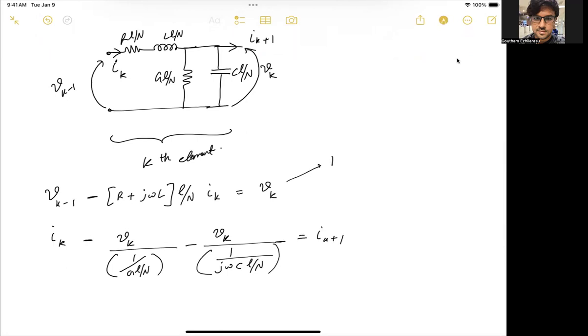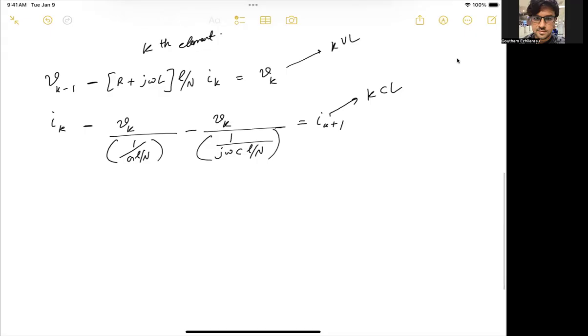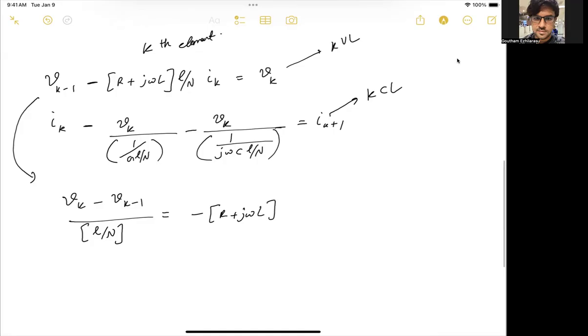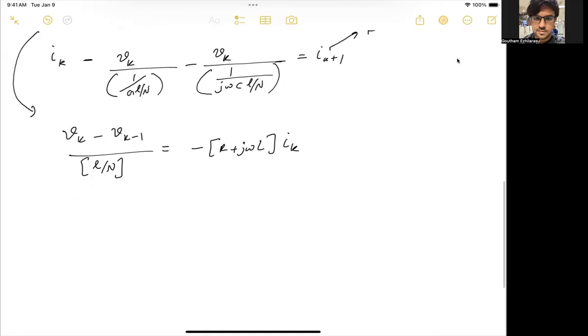So this is from KVL and this is from KCL. And so if we rewrite these equations, the first equation becomes Vk minus Vk minus 1 over L over N is going to be minus R plus j omega L times Ik. And similarly, Ik plus 1 minus Ik over L over N is going to be essentially minus G plus j omega C times Vk.